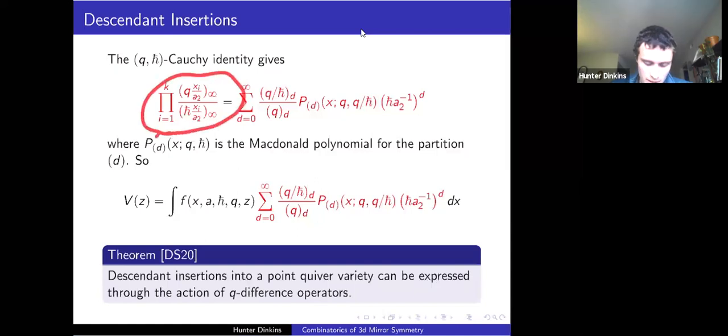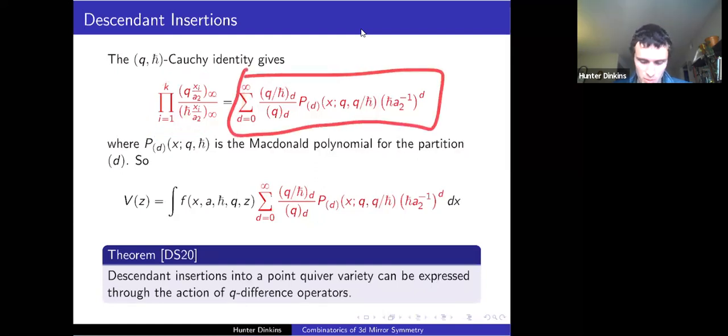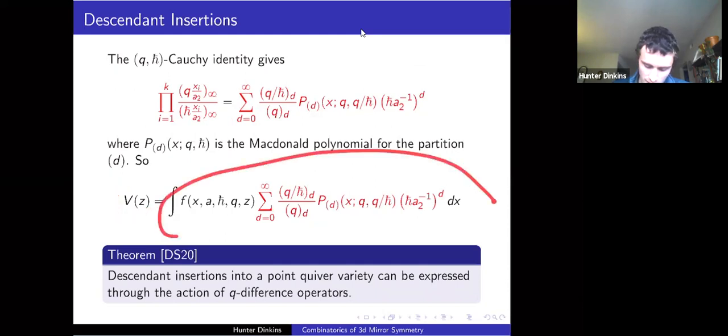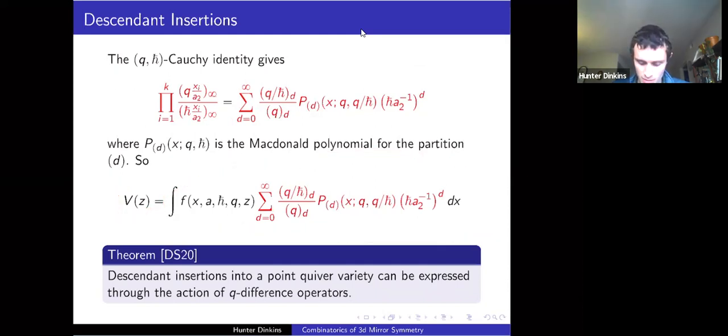Well, this product here that came from the red framing arrow can be expanded in terms of Macdonald polynomials. This is something well known. I think it's in Macdonald's book somewhere. So you can expand it in Macdonald polynomials, and I can think about my vertex function as being the integral of something that involves Macdonald polynomials.